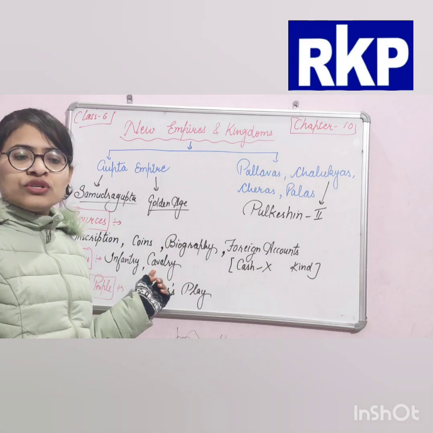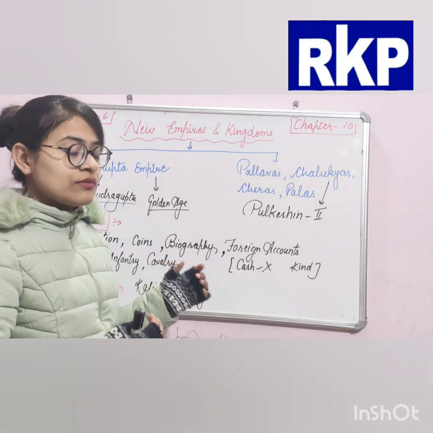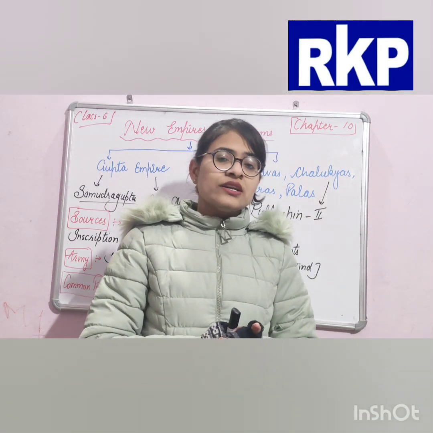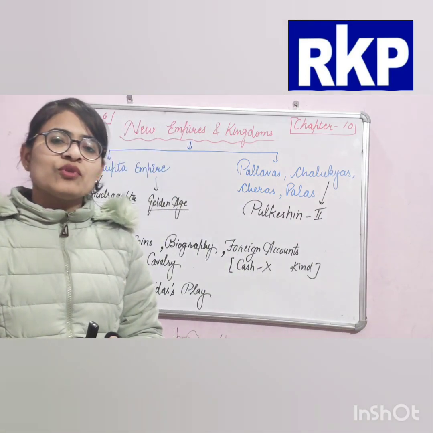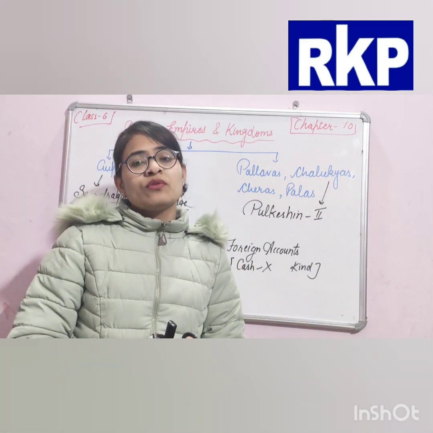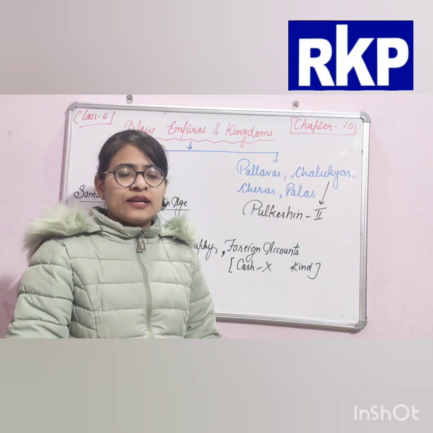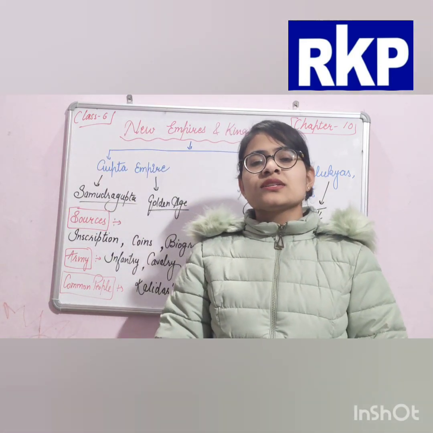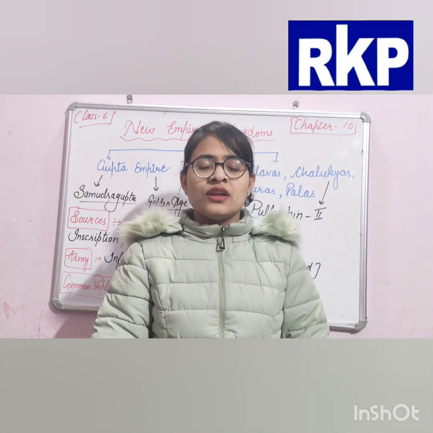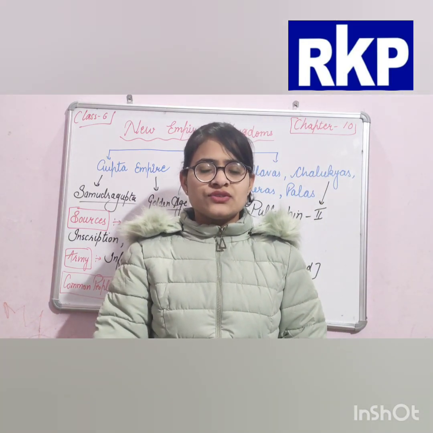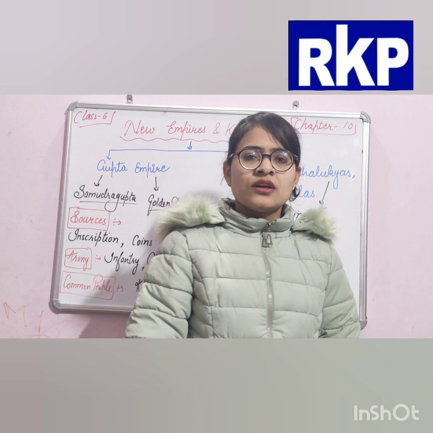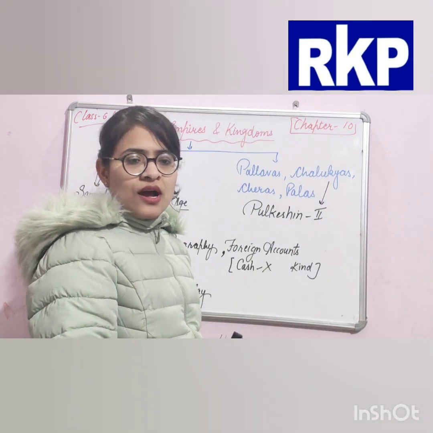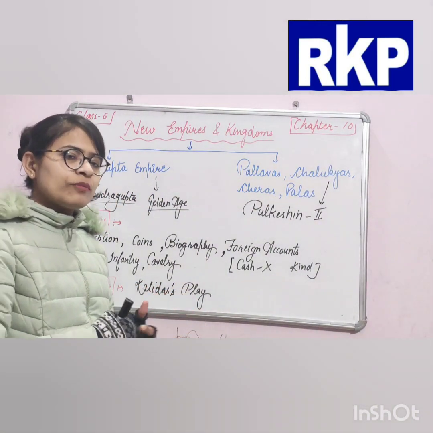Cavalry means soldiers on horses, and there were also soldiers on elephants and chariots. This type of army was established by the king at that time. About the king's army, one poet named Banabhatta has written about Samudragupta's army.